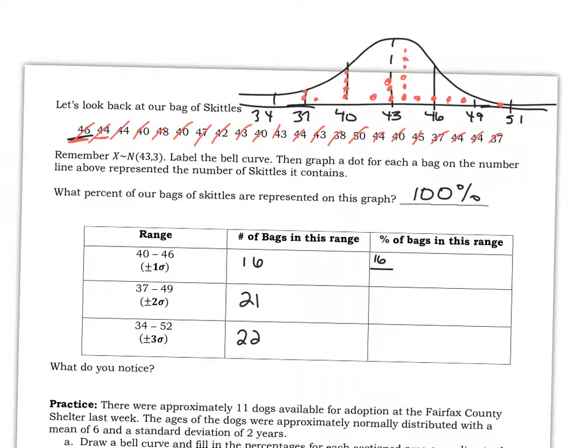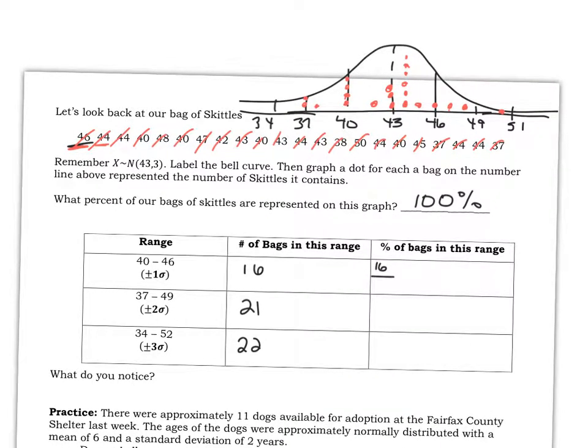The total of bags, there were 22. I think I forgot somebody's, but we'll just use what I have. 16 divided by 22 is 73%. 21 divided by 22 is 95%. And 22 divided by 22 is 100%.